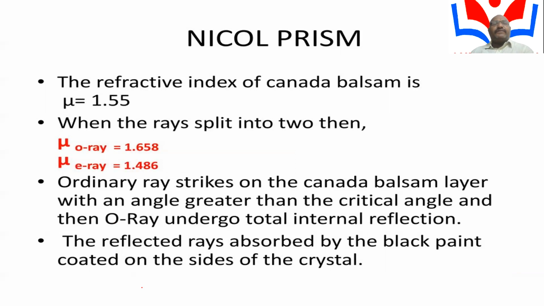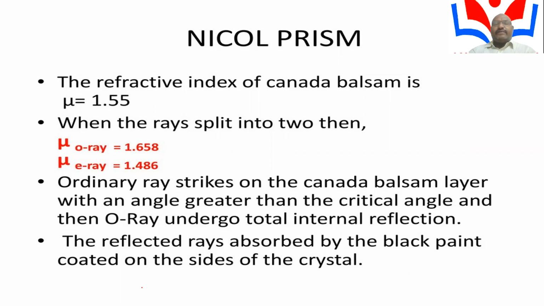In the Nicol prism, the refractive index of the Canada balsam is 1.55. When the ray splits into two, one is called the ordinary ray, with refractive index 1.658, and the other the extraordinary ray, with refractive index 1.486. The ordinary ray strikes the Canada balsam layer at an angle greater than the critical angle, and then undergoes total internal reflection.